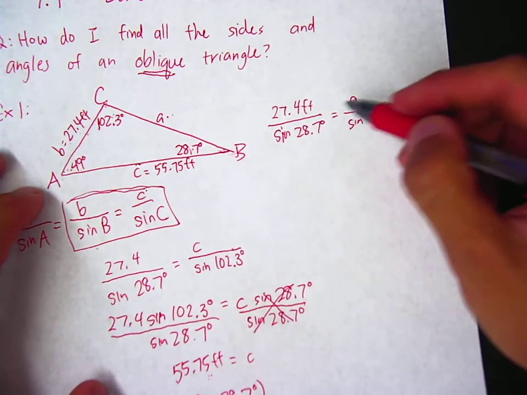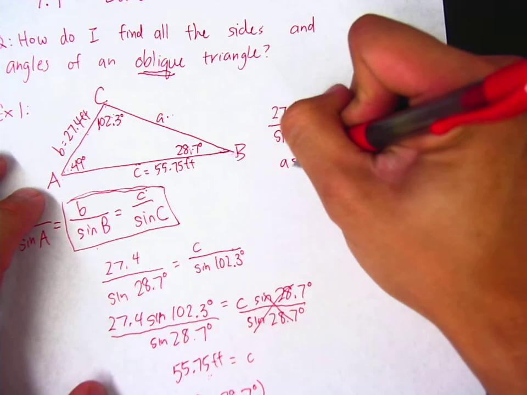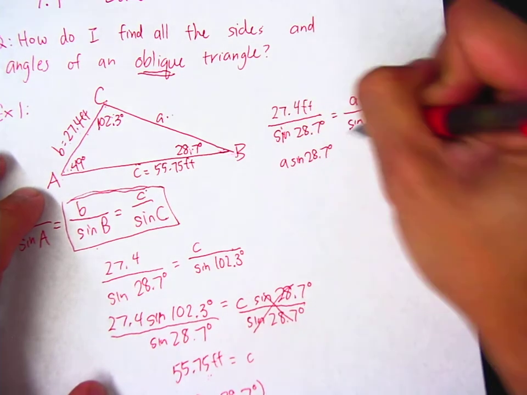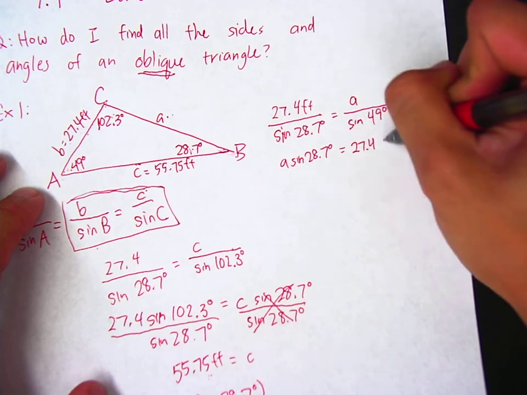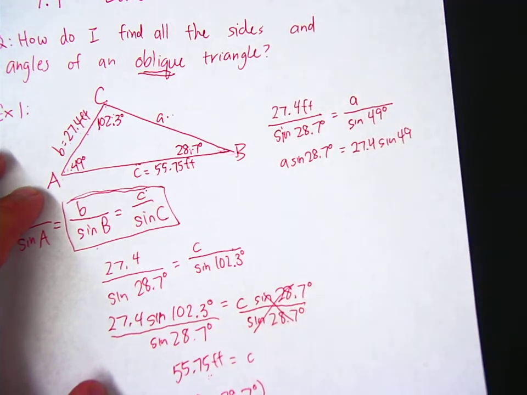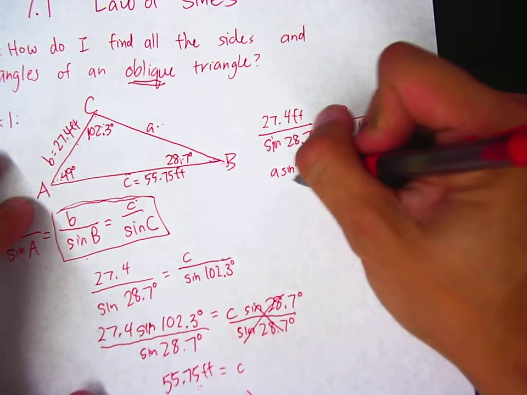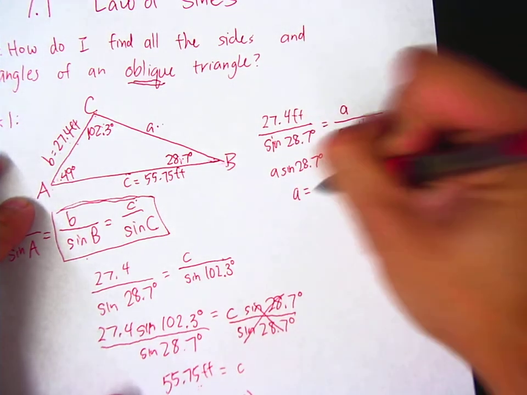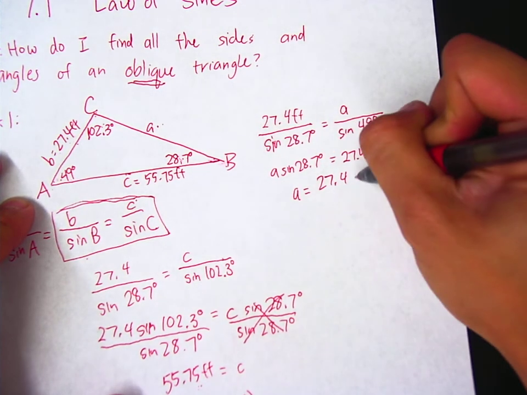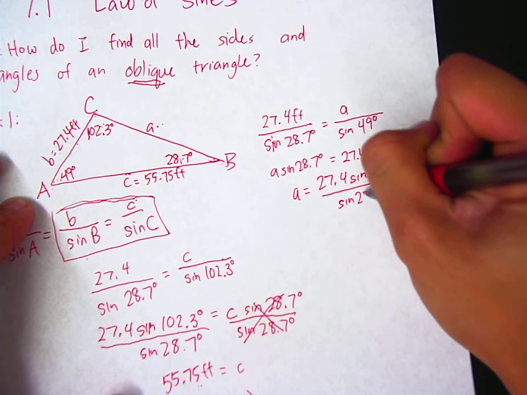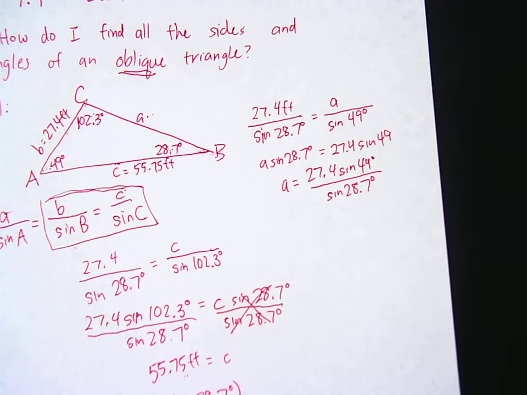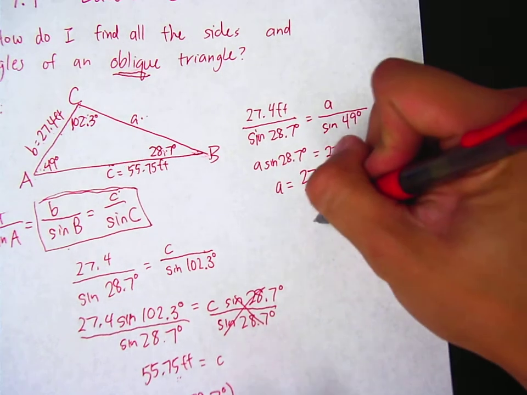Again, I would just cross multiply. So it'd be A sine of 28.7 degrees equals 27.4 times sine of 49. Then I would divide both sides by sine of 28.7. So A would equal 27.4 sine of 49 degrees all over sine of 28.7 degrees. And then go ahead and put that in your calculator.